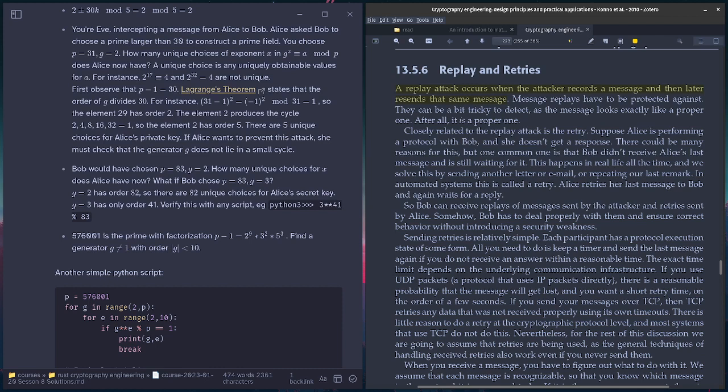But this is sort of to demonstrate that if Eve chooses a sneaky prime, where p minus 1 is divisible into many smaller primes, then Eve can choose a sneaky subgroup that is not particularly good for cryptography because she'll be able to brute force Alice's exponent.